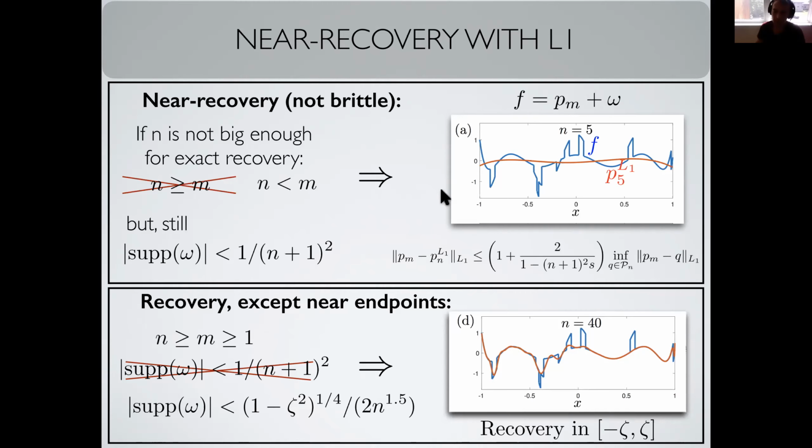So actually, many of the results that we're showing here are related behind the scenes by showing that there's a precise connection to the RIP conditions in standard compressed sensing when you try to recover a sparse residual.